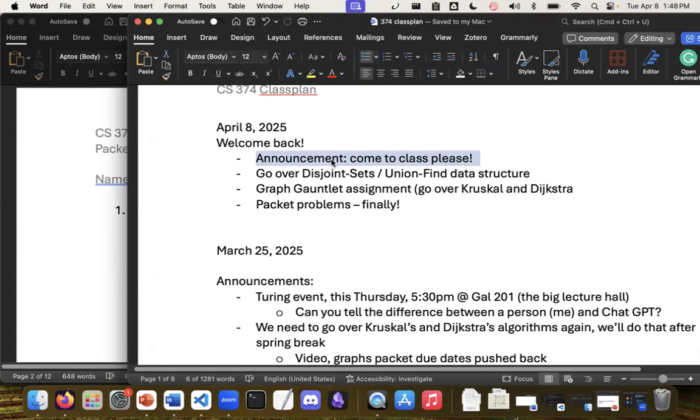But the thing that you miss when you come on Zoom is, like, I know for me as well, if I have a Zoom meeting and I don't have to have my camera on and someone's just talking at me with the screen share, it's hard to pay attention, right? And it's hard to actually sit and think through things. Whereas when you're in class, you've got this piece of paper in front of you and you're talking with your neighbors and trying to figure out problems.